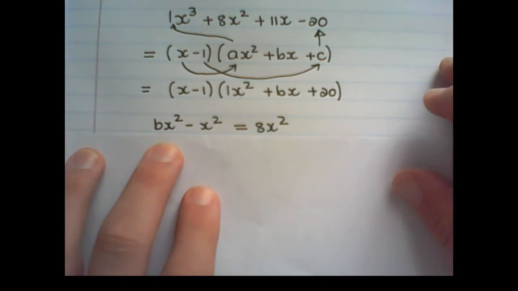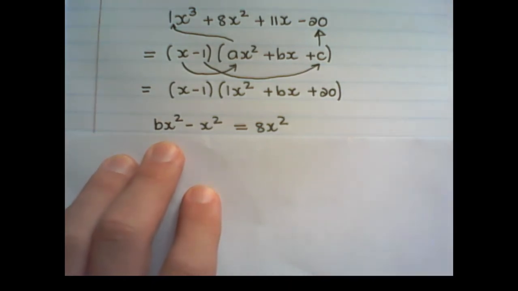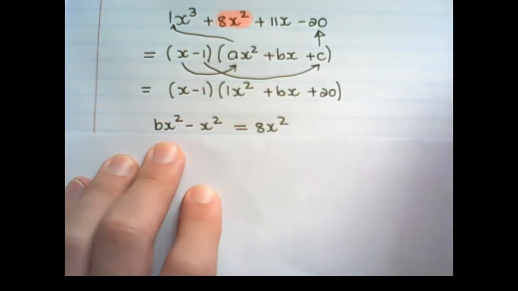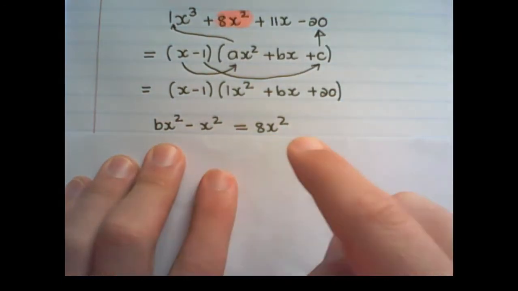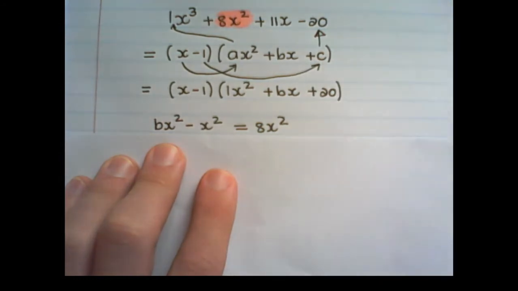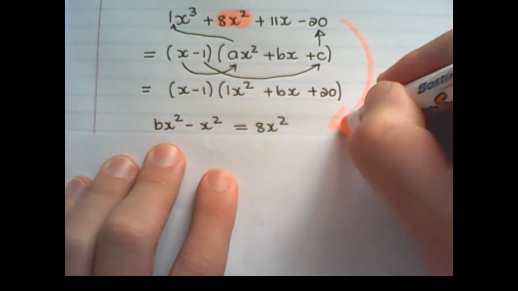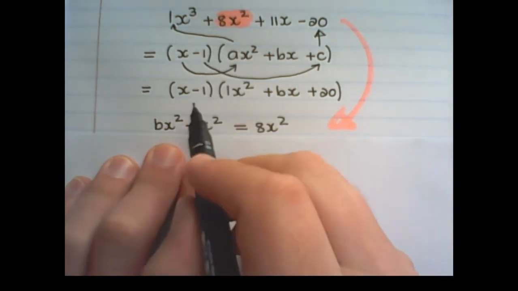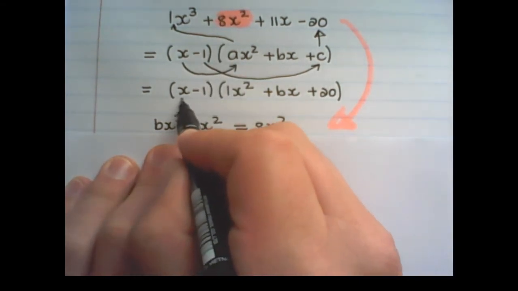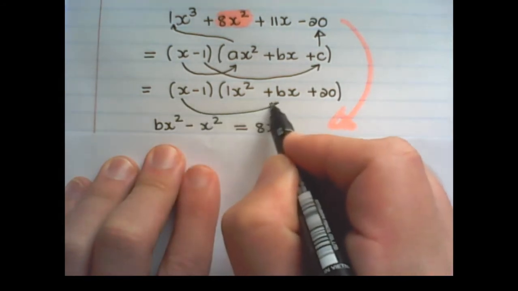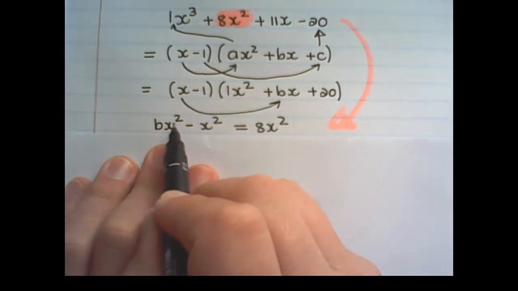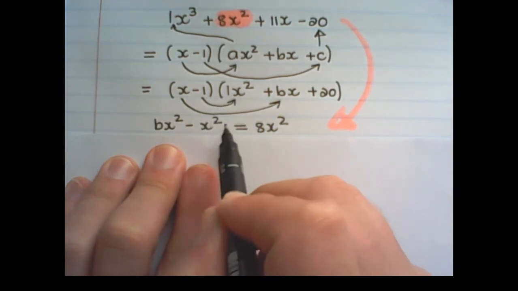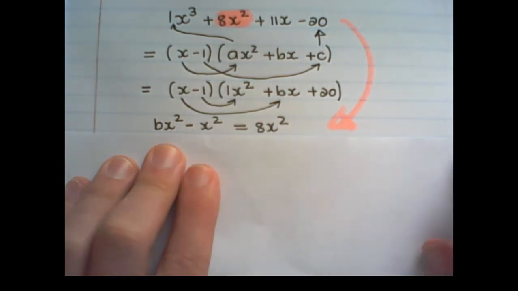Our next step is to create squares. So we are going to use 8x squared from the original expression, and within the brackets we multiply x with bx to get bx squared, and negative 1 with 1x squared to get negative x squared.